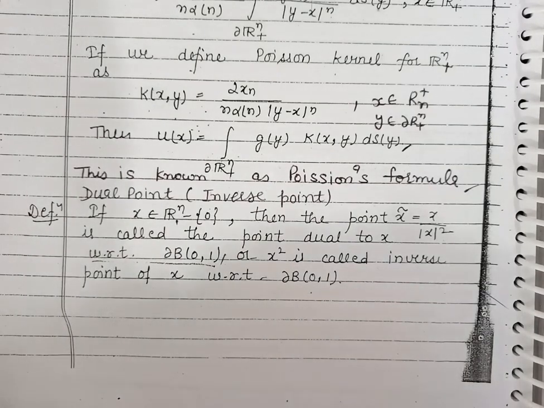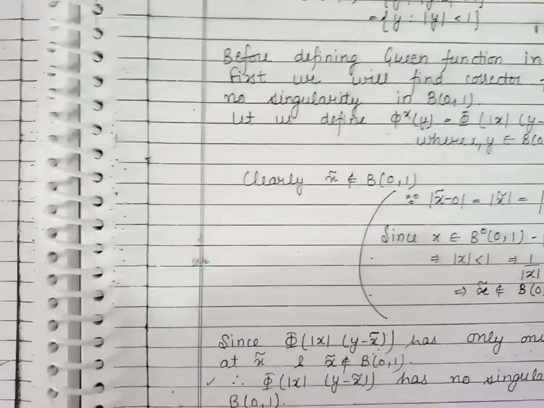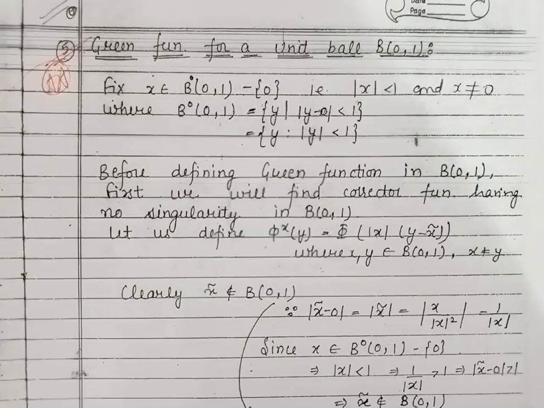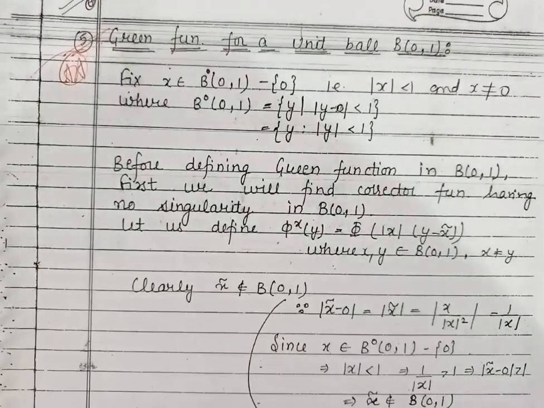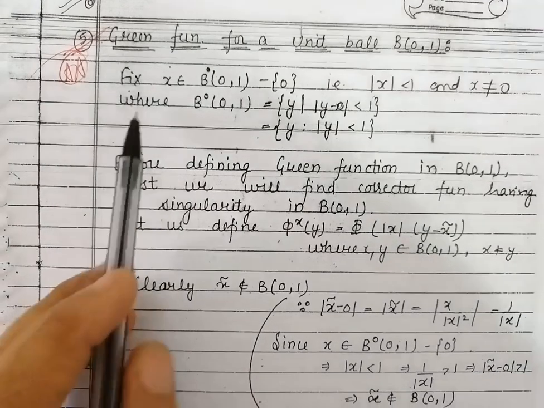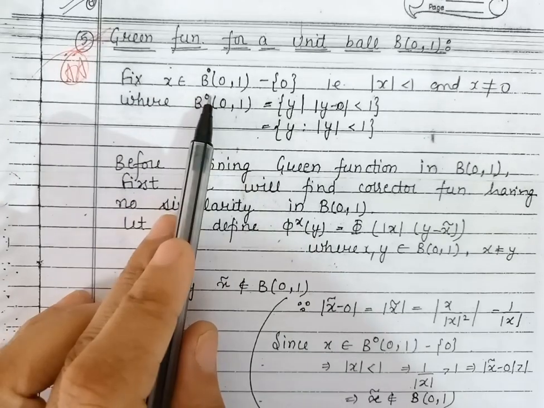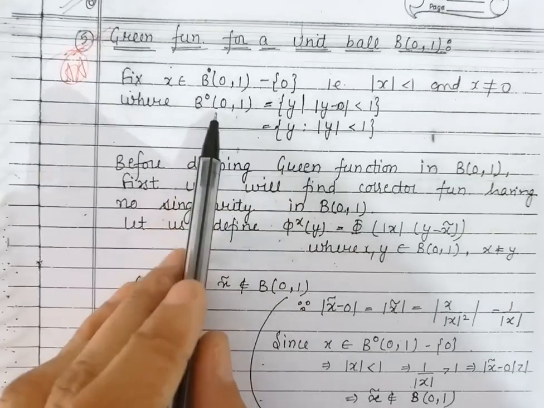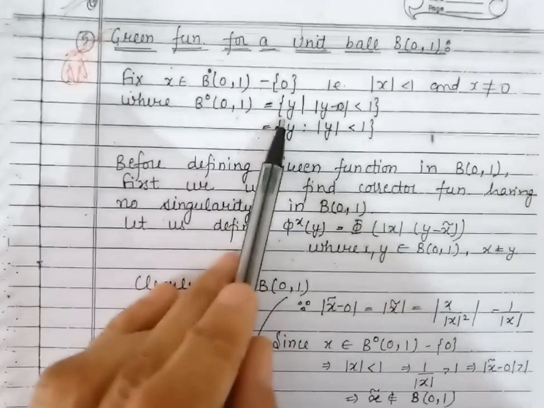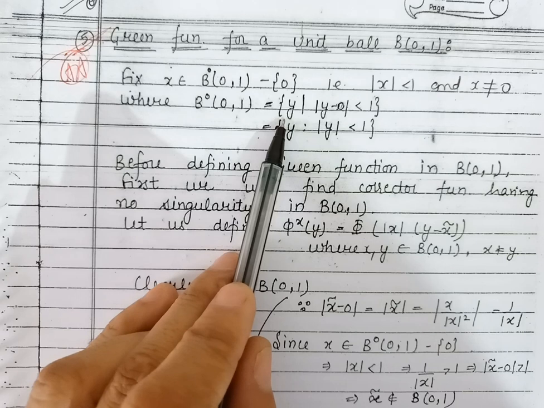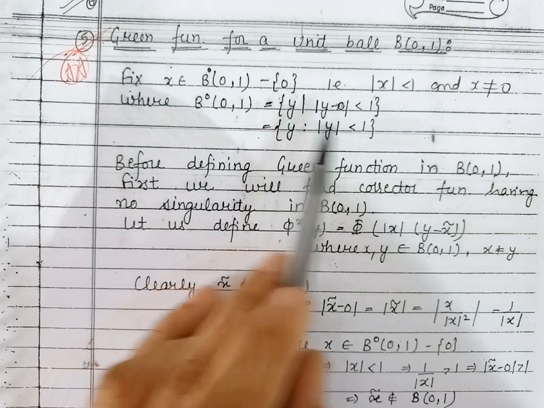Now, next we define Green's function for a unit ball. To define Green's function for a unit ball, let us take a point x belonging to the unit ball, and x is a non-zero point. Unit ball means the set of all those points y whose distance from the center of the ball is less than the radius.